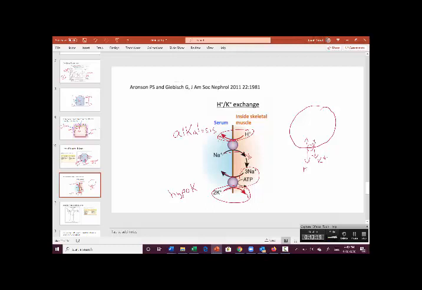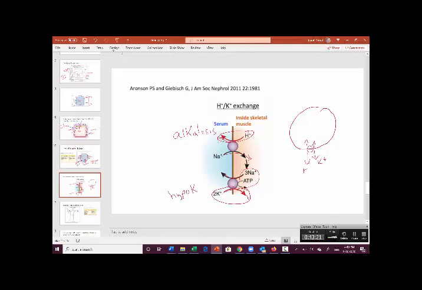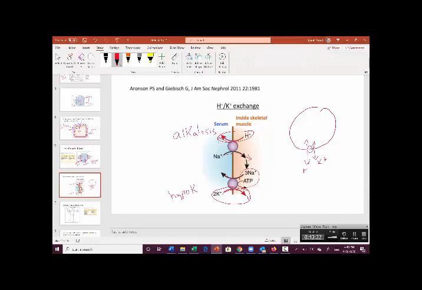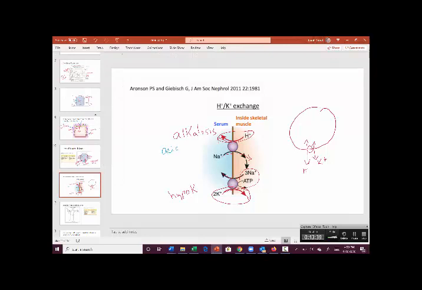If we reverse this and we have acidosis, there would be less hydrogen coming out, less sodium coming in.